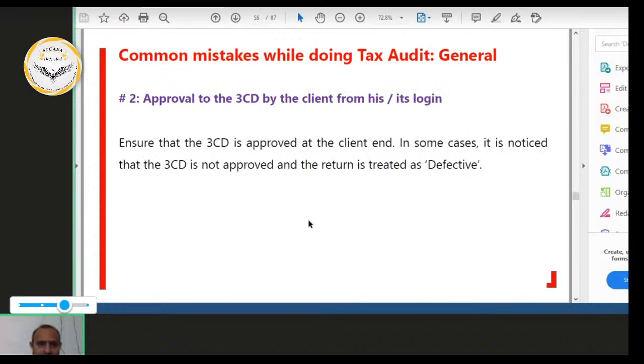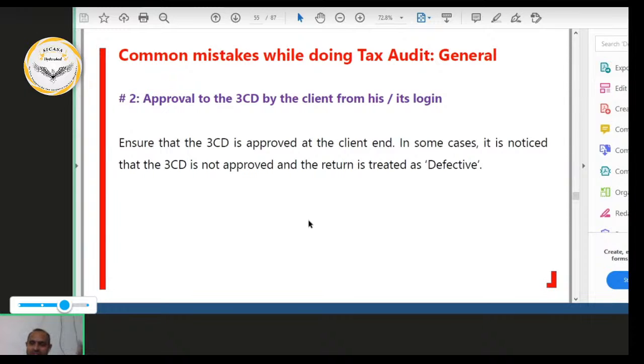Okay, then approval of the 3CD by the client from his or its login. Again I missed mentioning the Bhishmacharya of GST, Mr. Satish Sharaf sir. He observed that in one of the cases, the 3CD was uploaded.